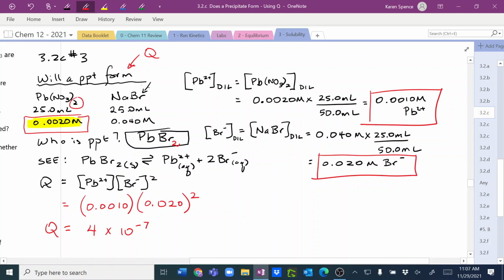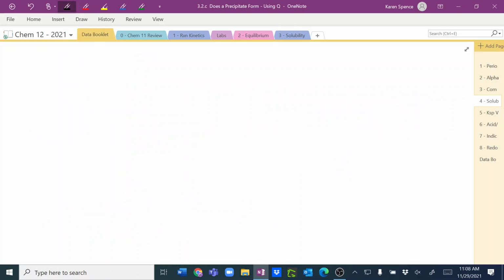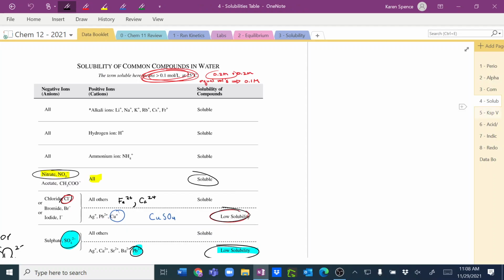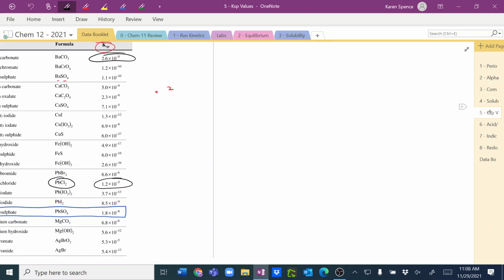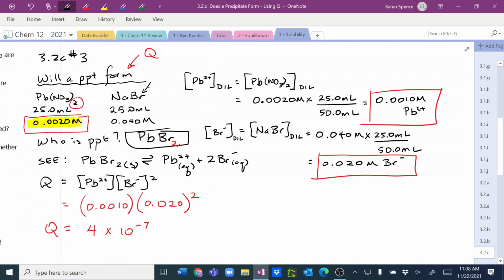That's our Q. What do we do with the Q? Compare it to KSP. Let's go check what KSP says for lead bromide. 6.6 times 10 to the negative 6. Excellent. Ooh, that's like a demonic kind of KSP, isn't it? Sorry, I'm just being very silly.